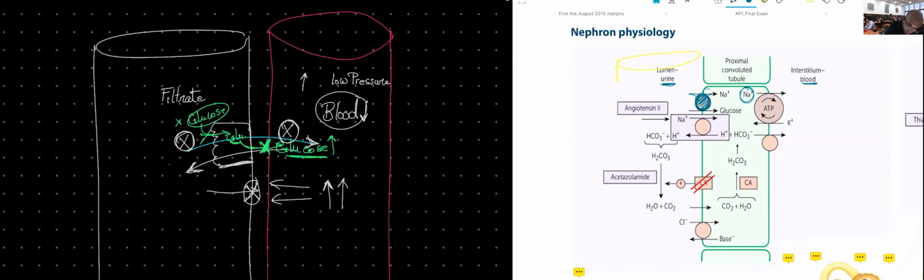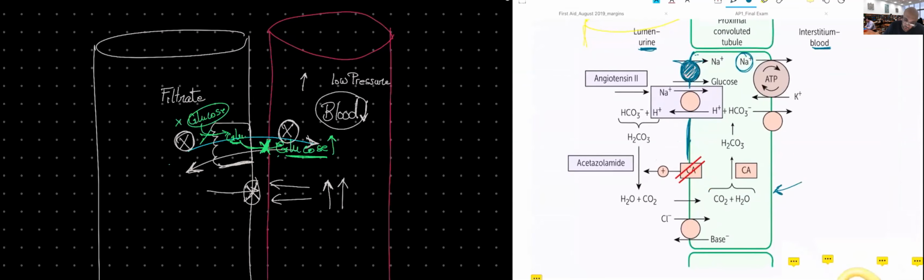On the surface of the cell, this is my cuboidal cell on the proximal convoluted tubule. This is just one cell. So I should have a carrier to allow the transport of the sodium along with glucose, if you wanted to transport the glucose from the urine back to your blood.